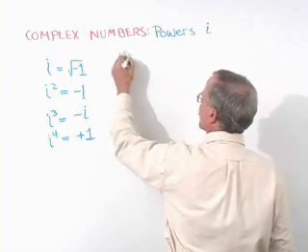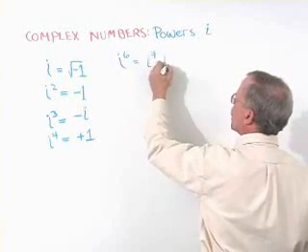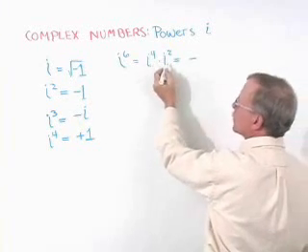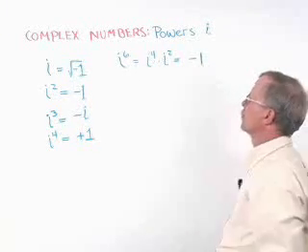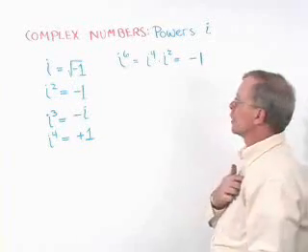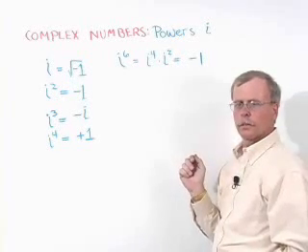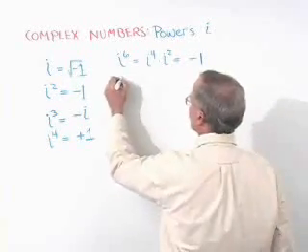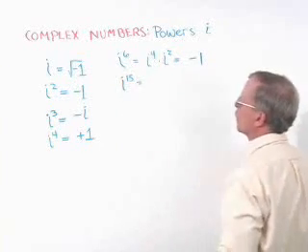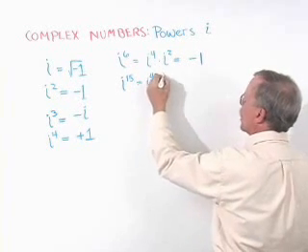i to the 6th would be i to the 4th times i squared, which would be 1 times -1, so it's -1. It's just like i squared. So the secret looks like we want to find out about 4s. If we want to do i to the 15th power, we could say that was i to the 4th, i to the 4th.